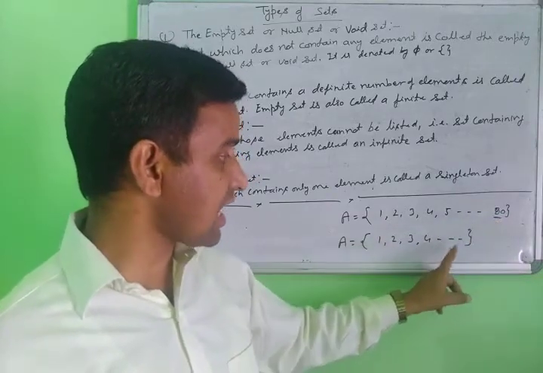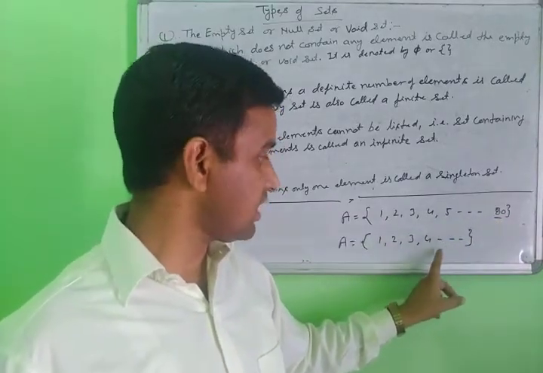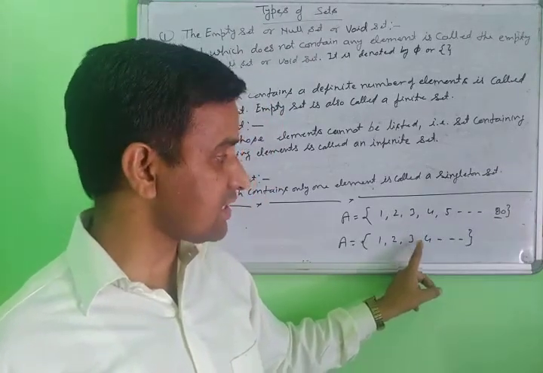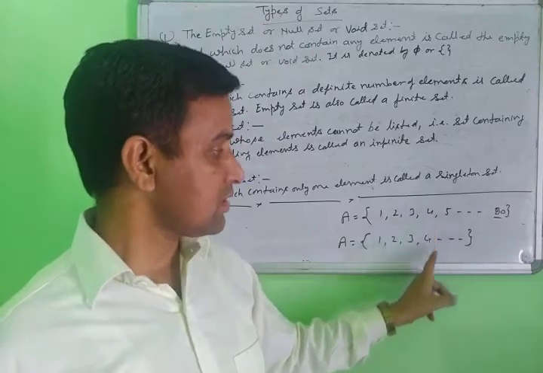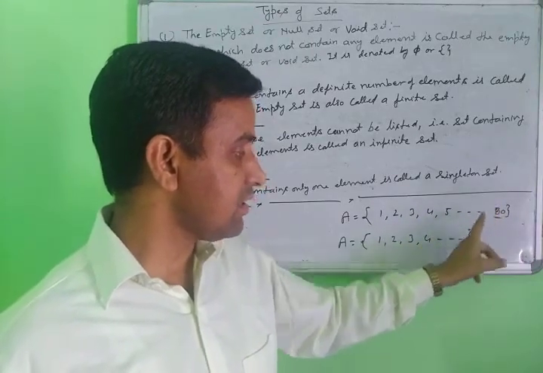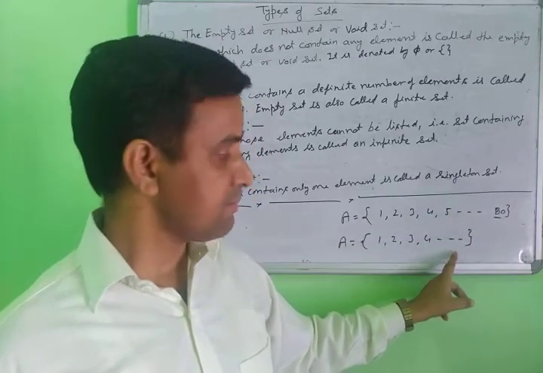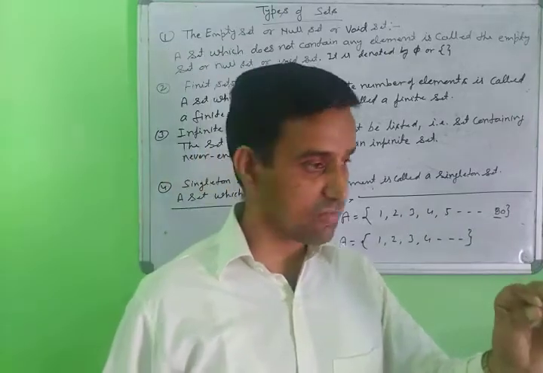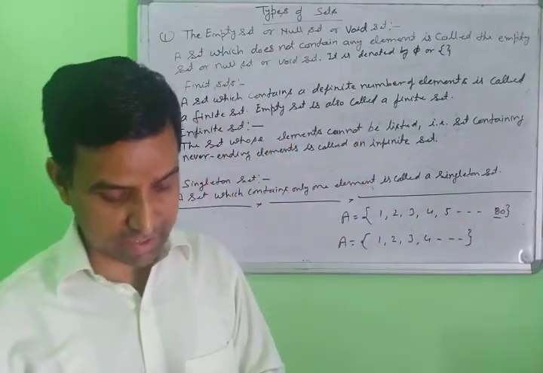But in this set the last element is not given, so it is called an infinite set. Here the last element is given, here no last element is given. This is infinite, this is finite. This is a simple difference between finite and infinite.